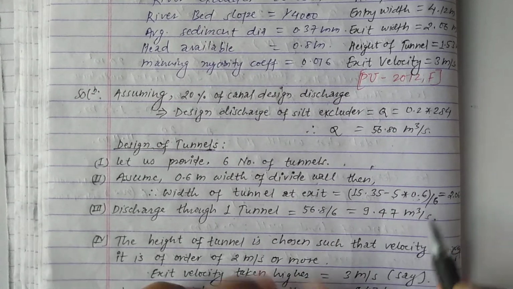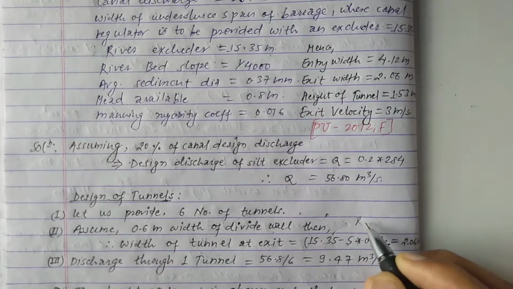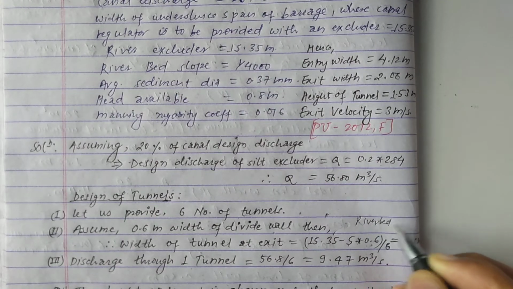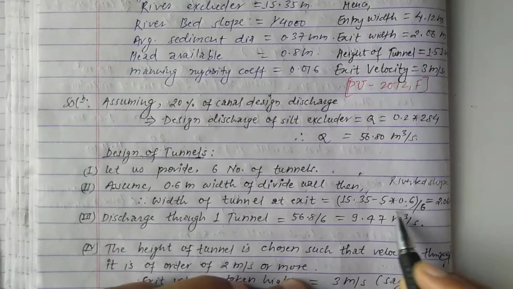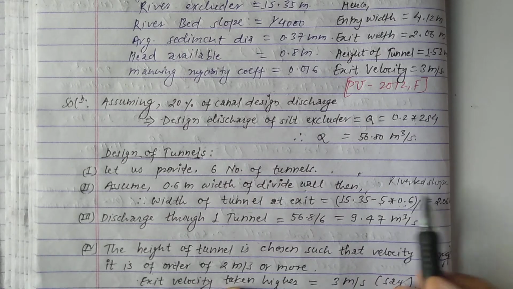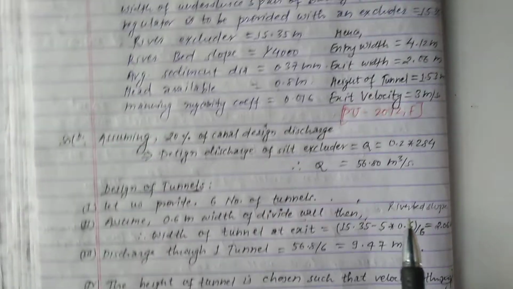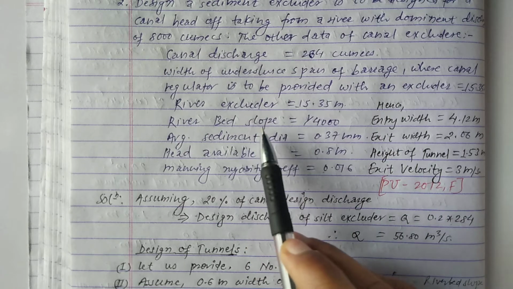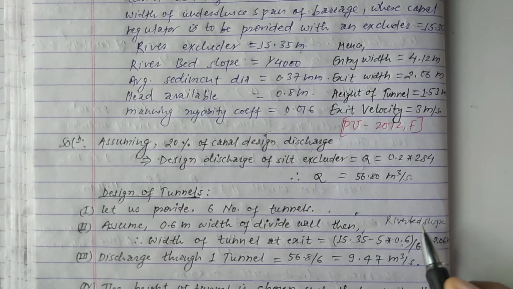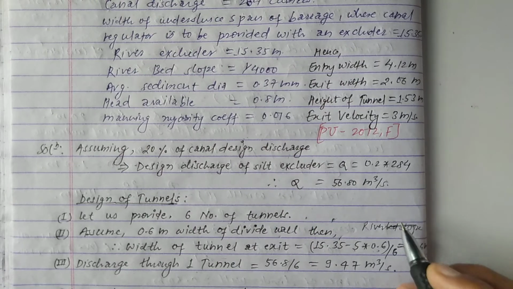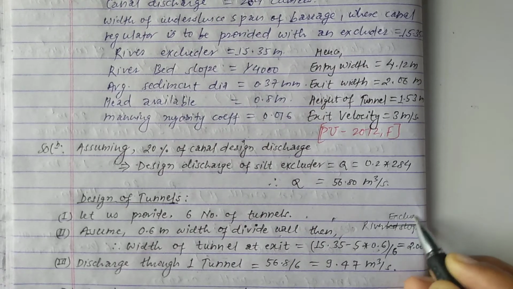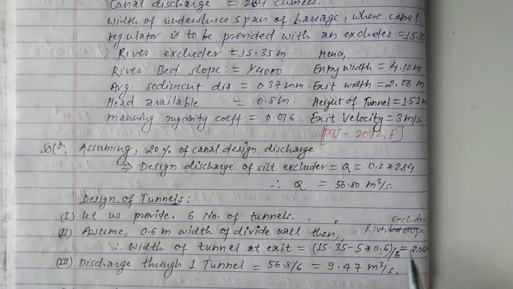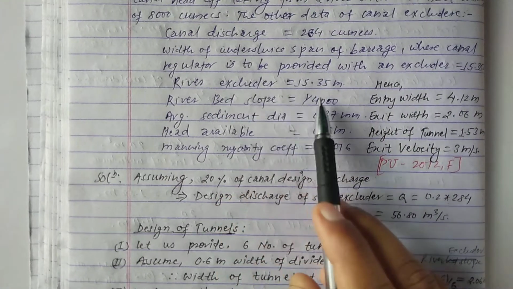Okay, so the river excluder width is given in the question, 15.35.